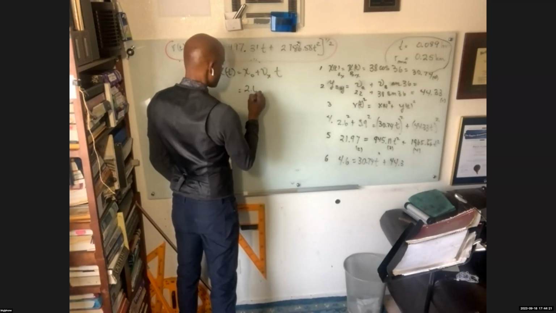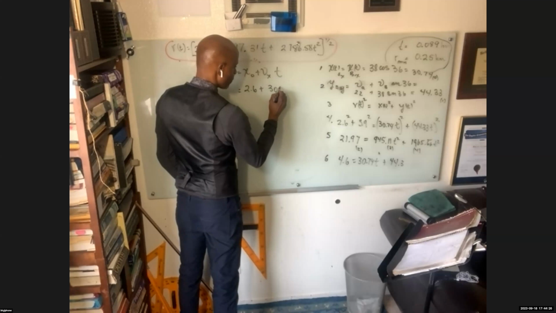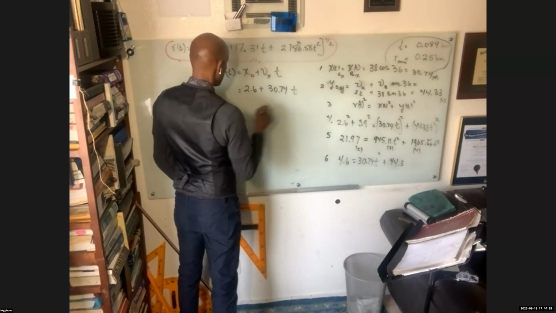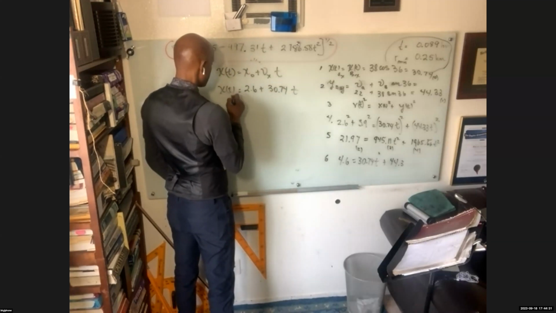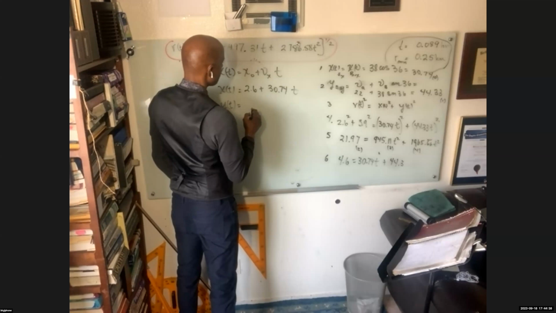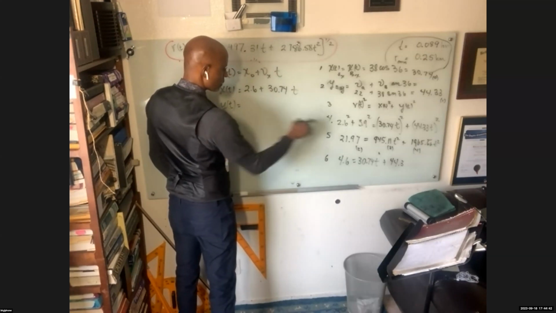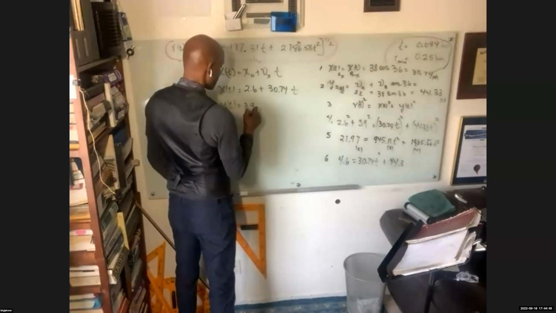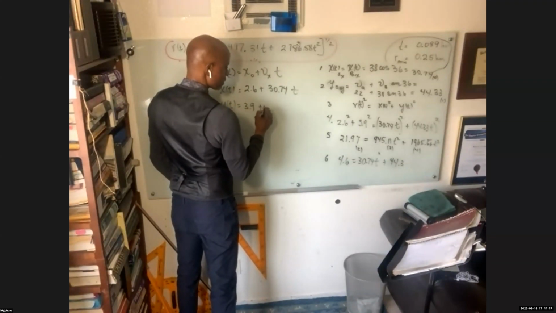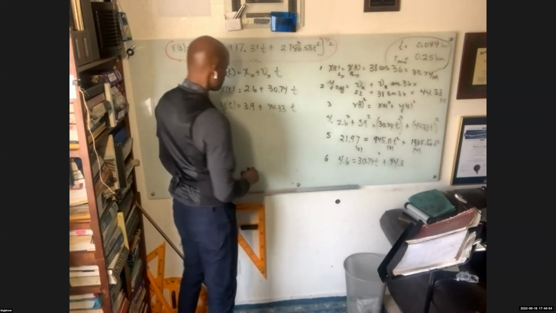So 2.6 plus this component, 30.74 times t. That's the x of t. And the y of t is going to be equal to the 3.9, that's the initial value, plus the 44.33 times t. That's what it is.